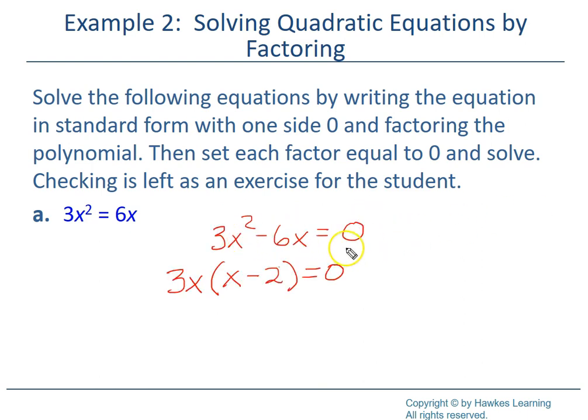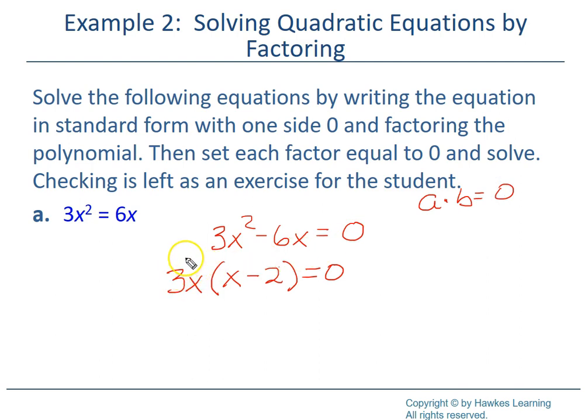Now when we factor this, taking out our 3x from each term, going back to an earlier lesson, we end up with 3x times the quantity in parentheses equals 0. In a sense, we're using this a times b equals 0.